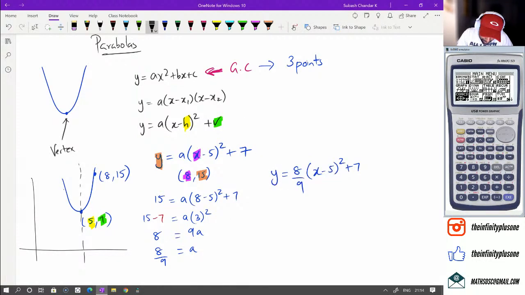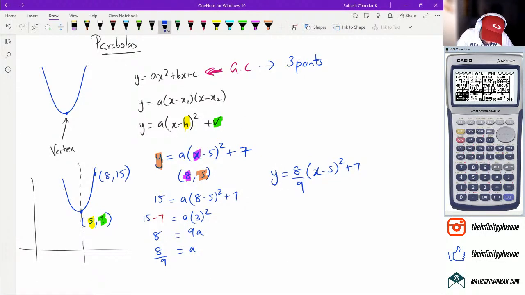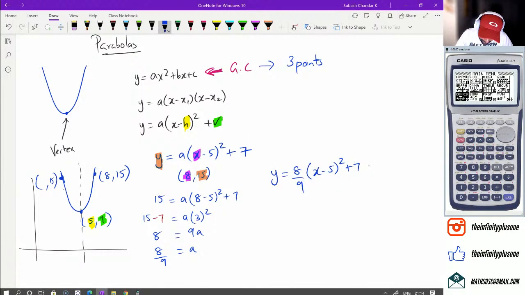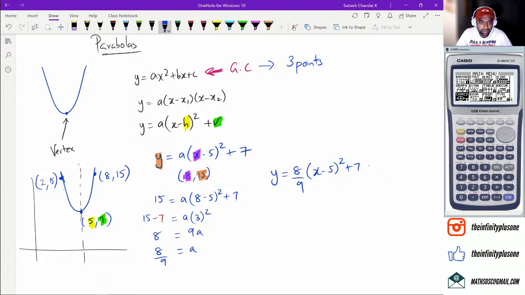If I reflect that point, this point here will become 15, and this one should become 2. The reason I got that 2 is because from here to here it's 3, so if I go backwards 3, I get the x value, which is 2.